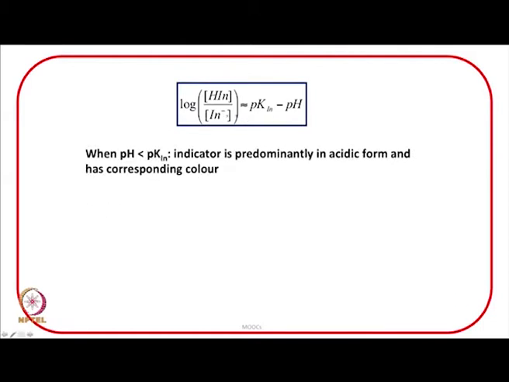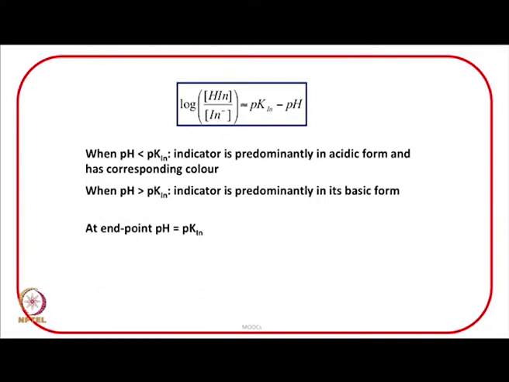According to this relation, when pH is less than pKin, the overall value is positive. That means the indicator is predominantly in the acidic form and has its corresponding color. And when pH is higher than pKin, then overall it is negative. That means the indicator is predominantly in its basic form and will have its corresponding color.